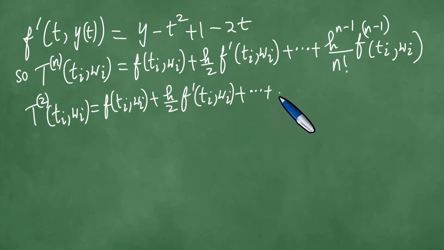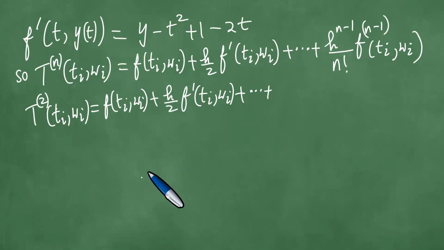Because if this is 2, then you put 2 here and it is going to be only h over 2 factorial.